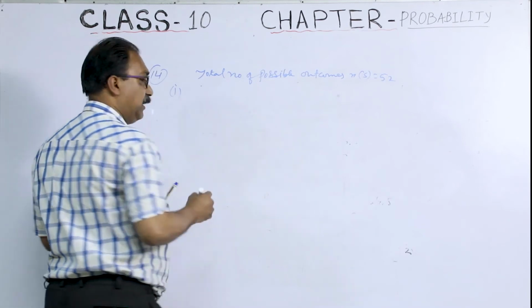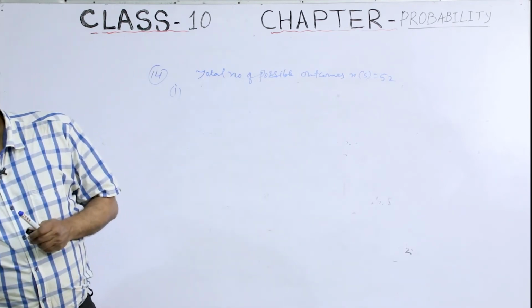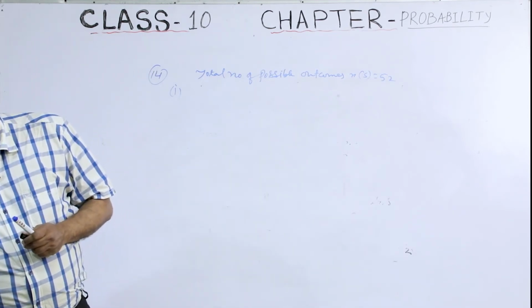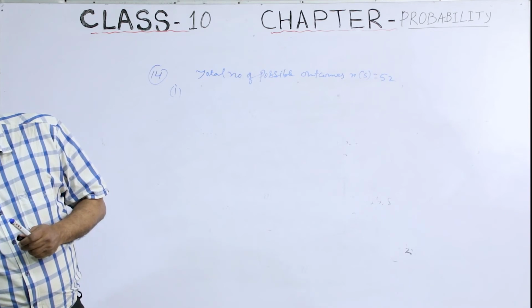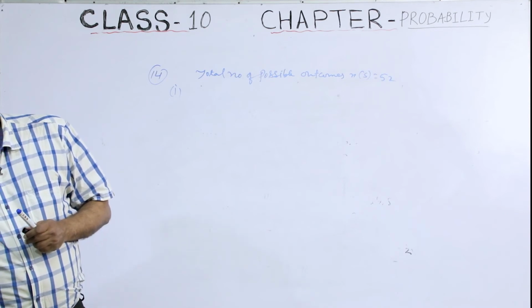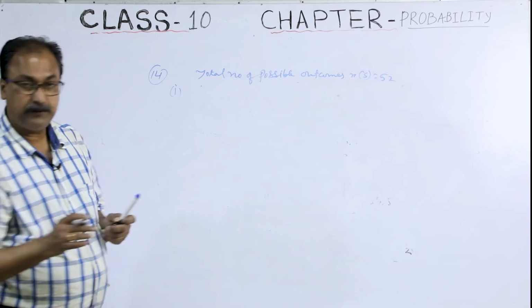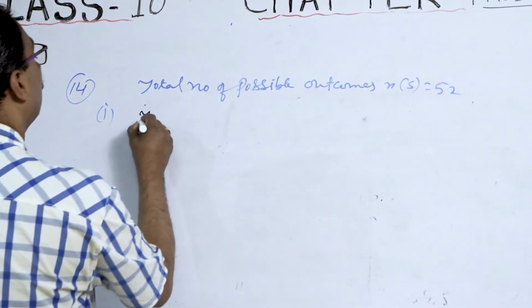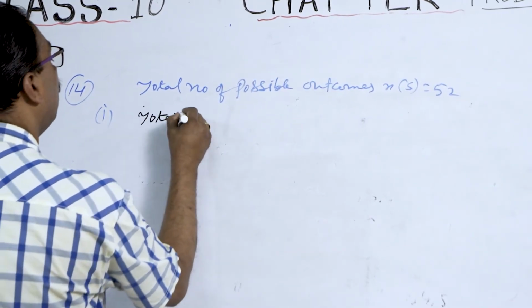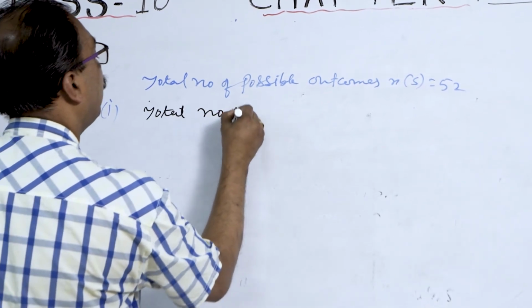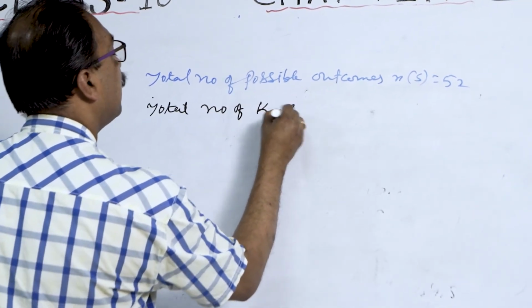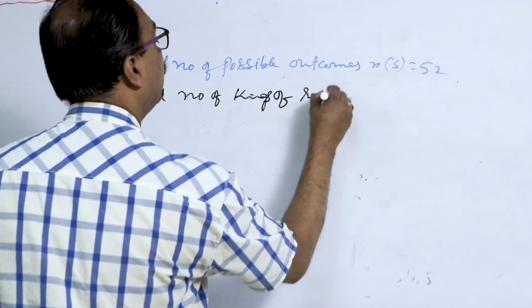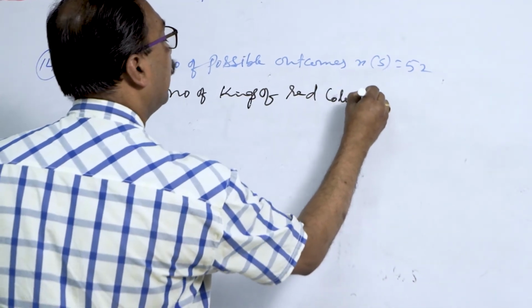So what you can say? Total number of kings of red color is equal to 2.